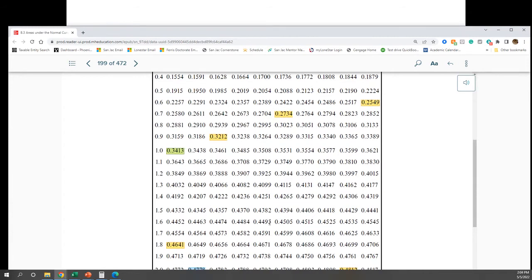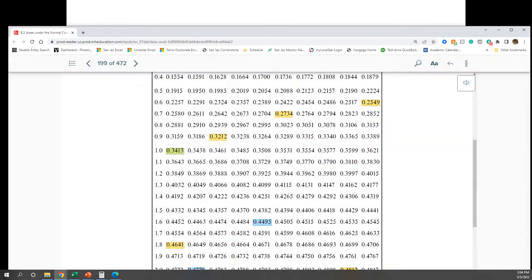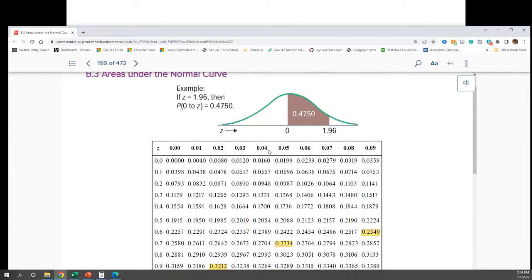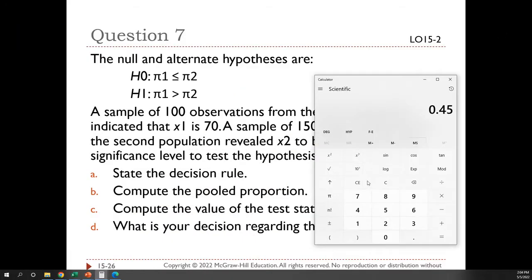Remember, it can't go above. So it's right here in the massive sea of colors. It's 1.64. So we had to watch out for that. Remember the difference between two-tail and one-tail. Okay, so we're going to reject if z is greater than 1.64.